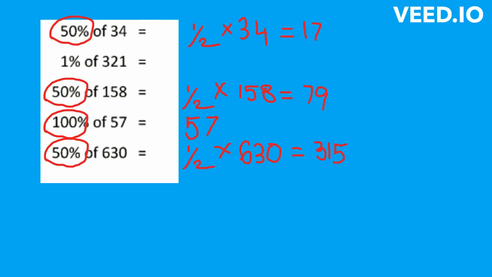1% of any number is the original number times 1 by 100. That means you put a decimal 2 points on the right side. From the right side, you move 2 points backward.